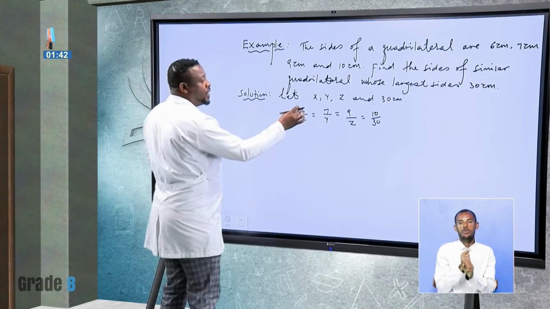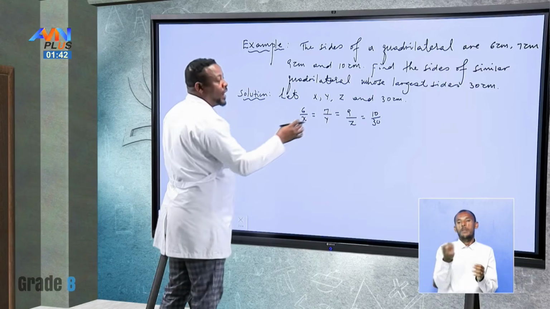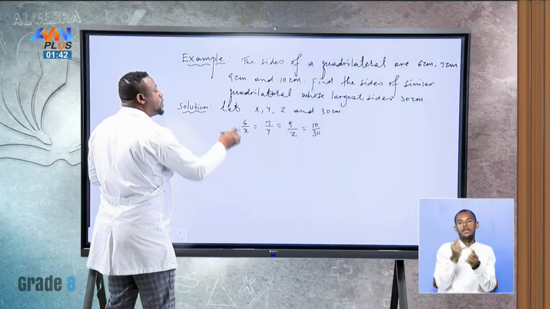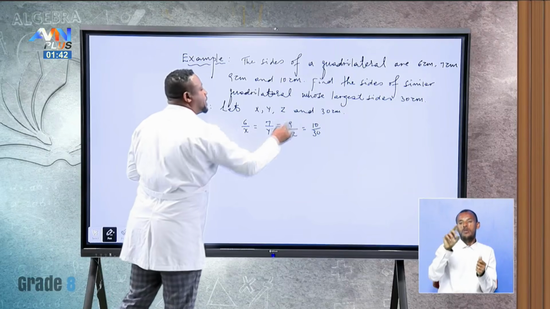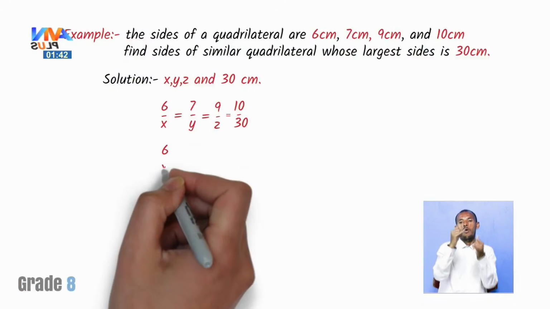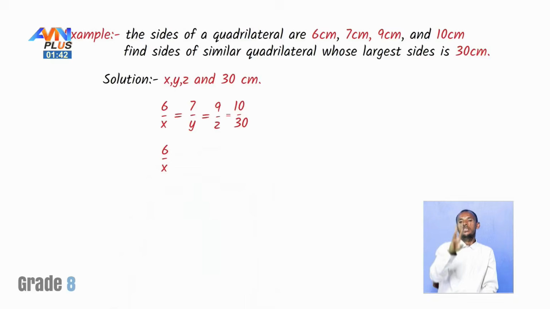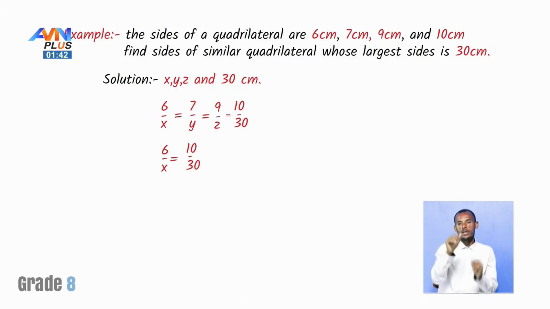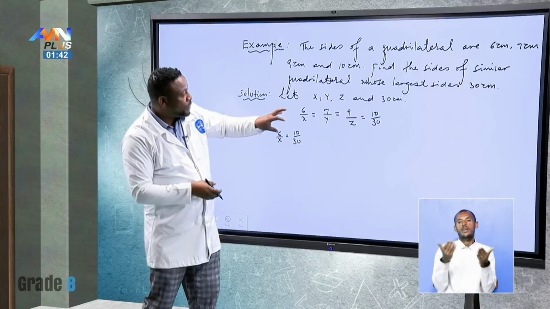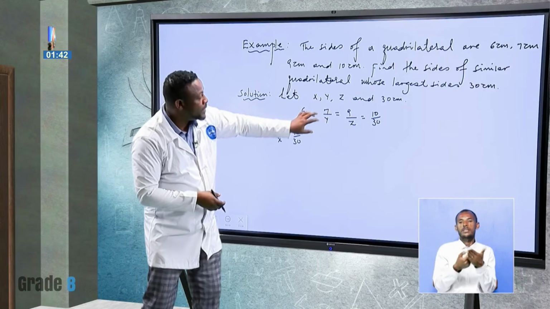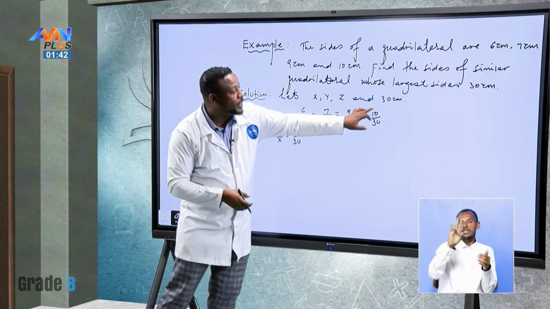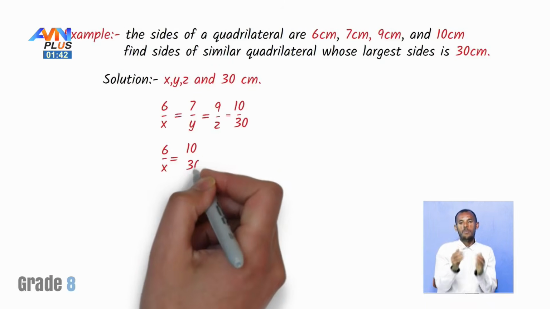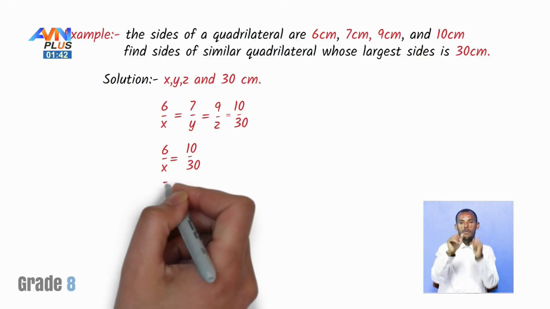Now let's take a pair of ratios and solve each variable separately. So take 6 over x and 10 over 30. 6 over x must be the same as 10 over 30. The other thing that we can take from this equation is 7 over y and 10 over 30 are the same.